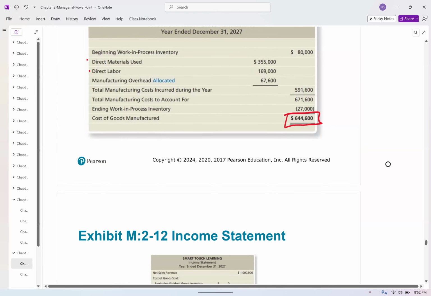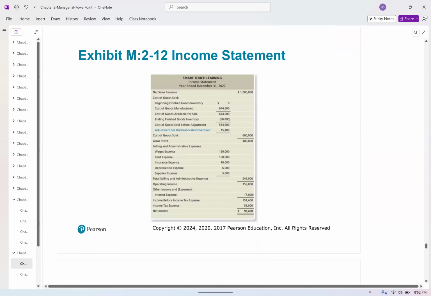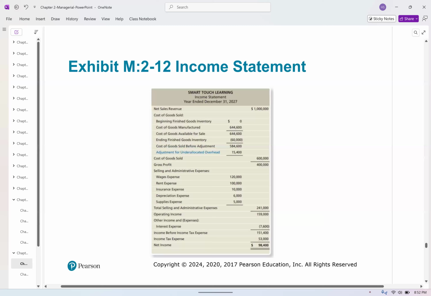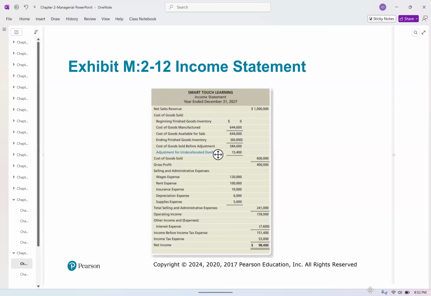Okay. We're getting close to being done with this chapter. So here you can see on the income statement, we have a little bit more detail. We have that beginning finished goods, which started with zero. We had cost of goods manufactured, cost of goods available for sale.